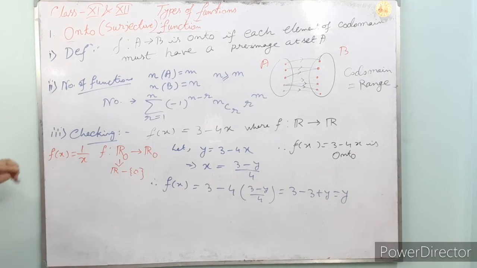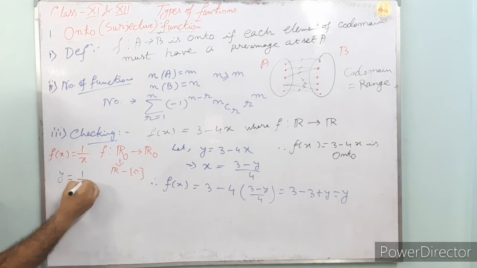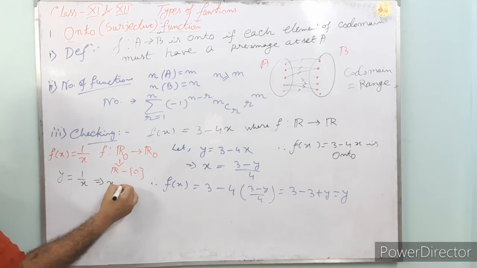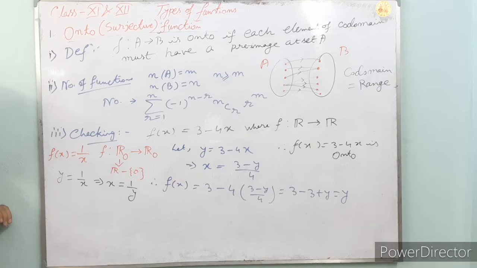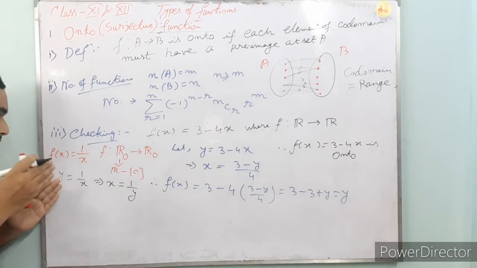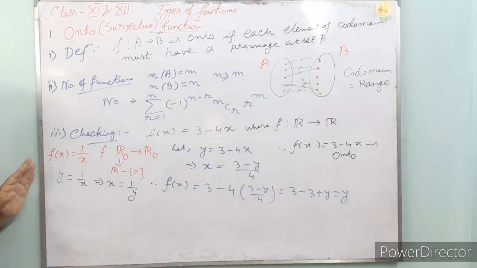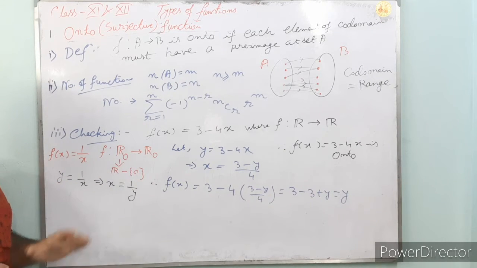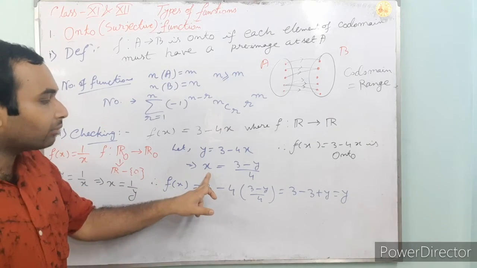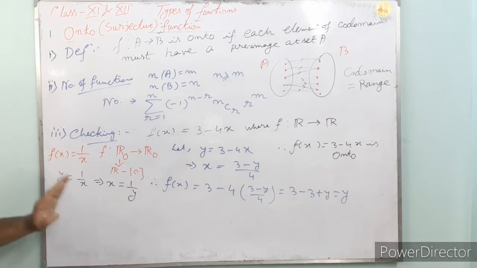We have to check whether this is an onto function. How will we check? Just see the same process. We take y = 1/x. So from here x = 1/y. Actually we have to express the pre-image in terms of the image. Here also we have done the same thing: x = 1/y.